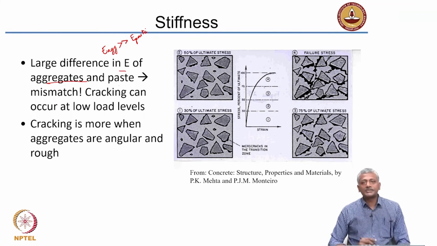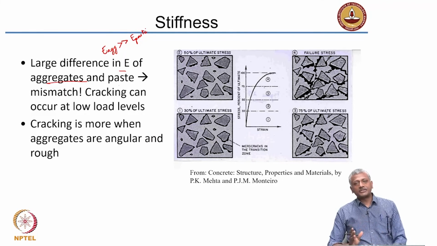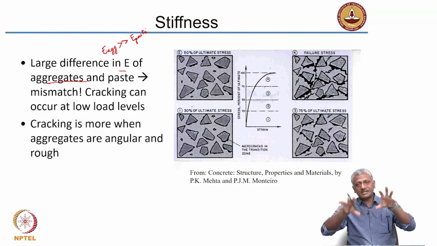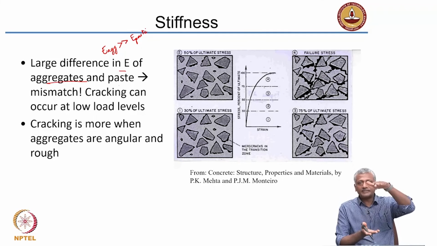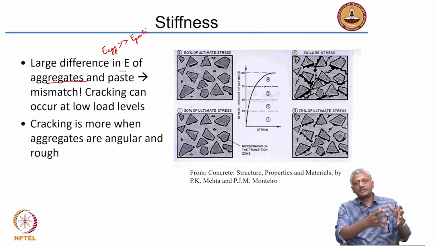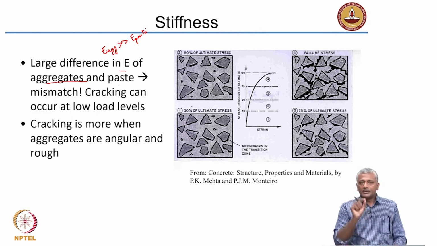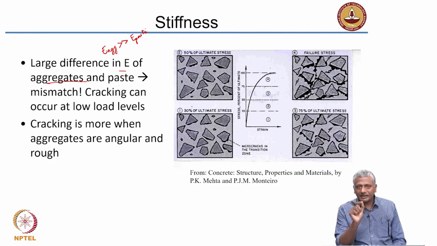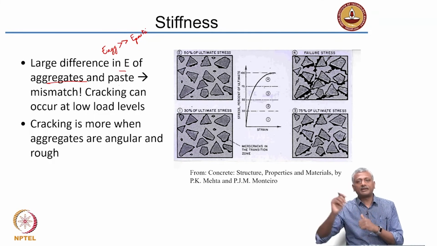So, what will happen now is, when there is a large mismatch, where one stiff material is there and another less stiff material is there, when you start loading this, the load distribution will be such that the stiffer phase will get more load. The aggregates will attract more load. So, the zone of paste which is attached to the aggregate will be experiencing very high stress levels as compared to the zone of paste which is away from the aggregate.